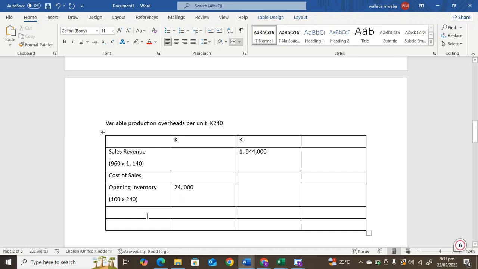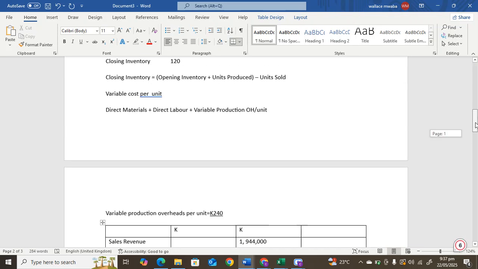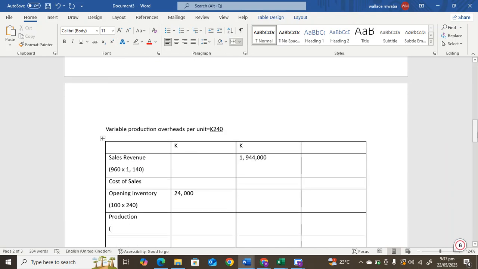In the trading account, it used to be purchases here. Okay, but here you just put production. Okay, we produced 1,160 units, valued at 240 kwacha per unit.